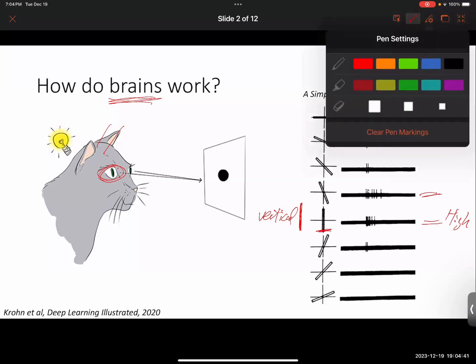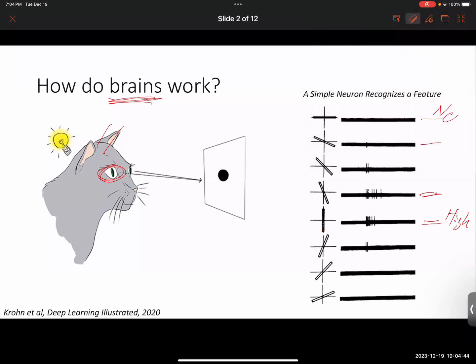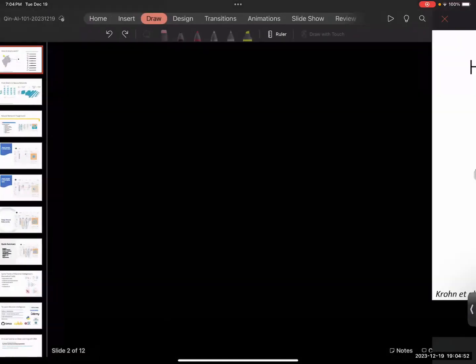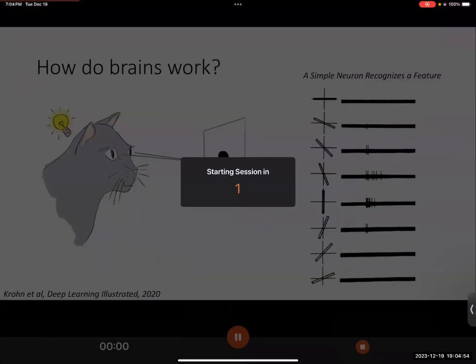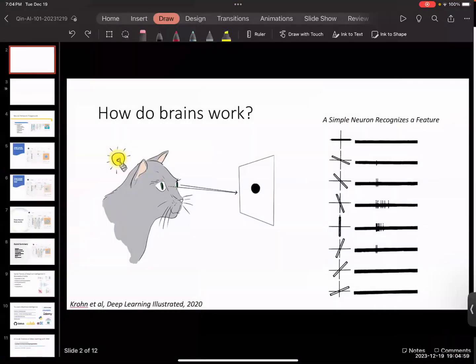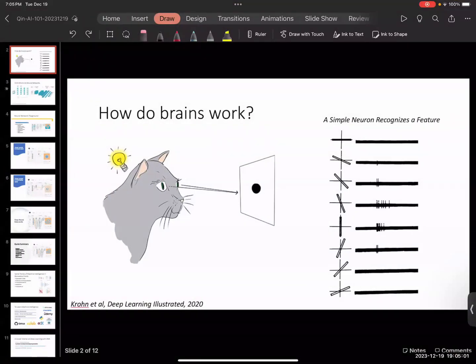But there are also other neurons. Sorry, I put the wrong signal there.